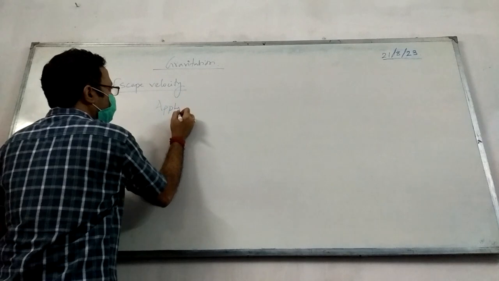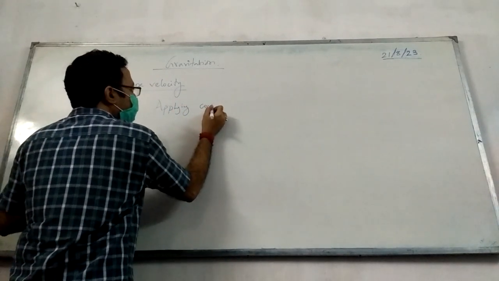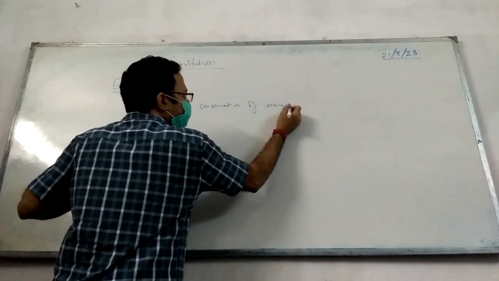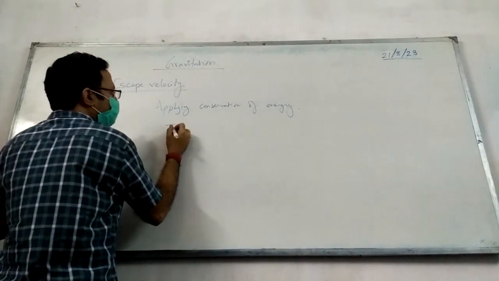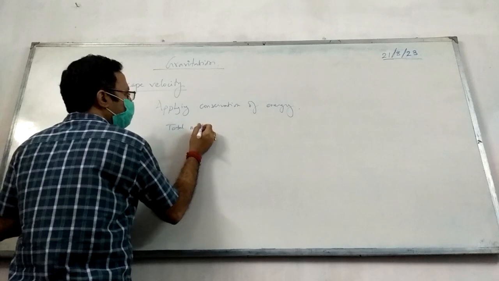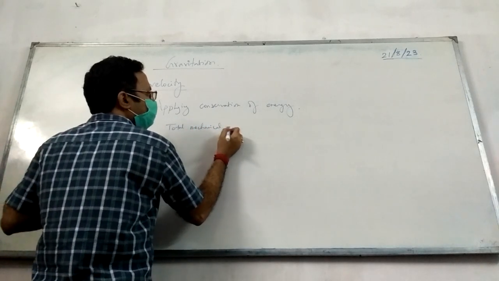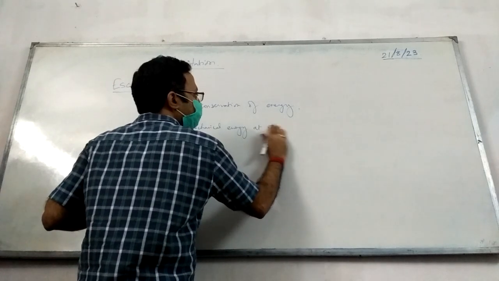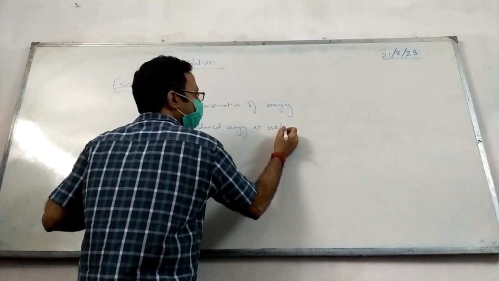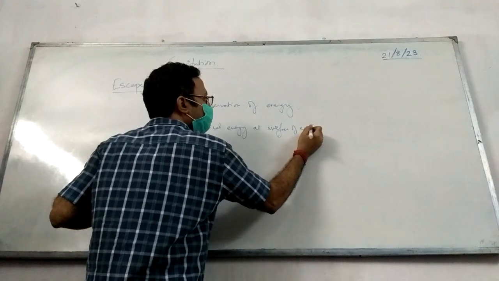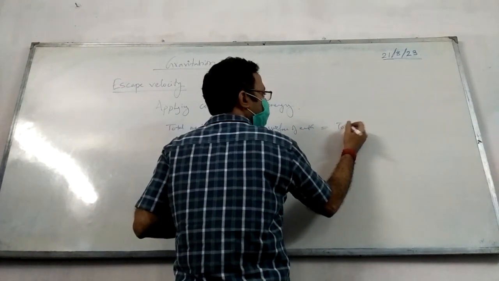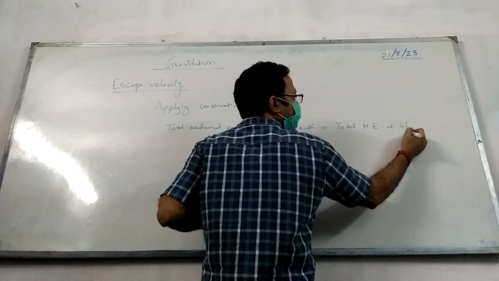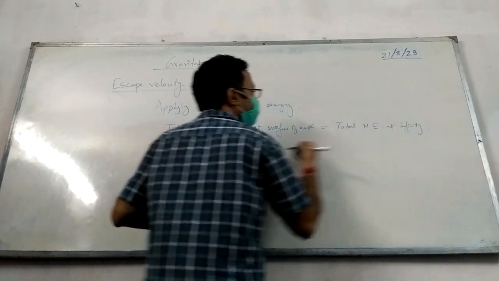Applying conservation of energy, total mechanical energy at surface of earth is equal to total mechanical energy at infinity, right?